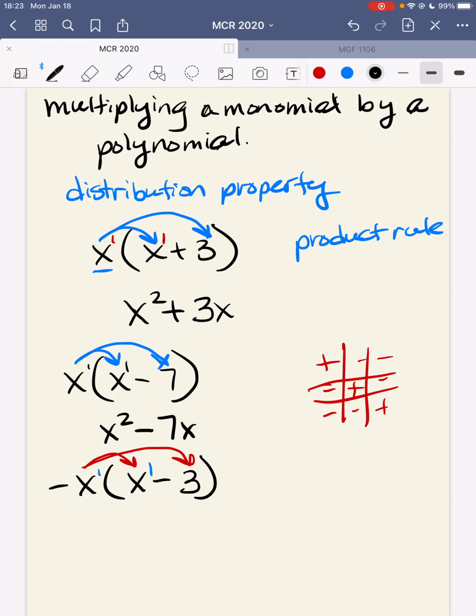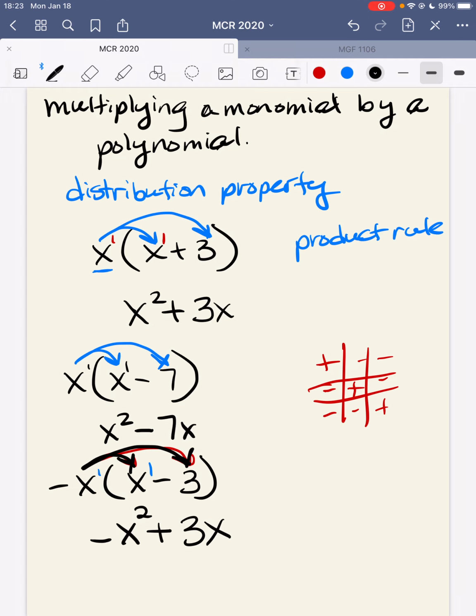And now I have a negative times a positive. Negative times a positive. It's going to be a negative x to the 1 plus 1, which is 2. I have a negative and a negative. That's going to give me a plus. And 3 times x is just 3x. All right, so signs are going to be a thing, so make sure that you're double checking your signs and making sure that those sign changes happen all the way across the board here.